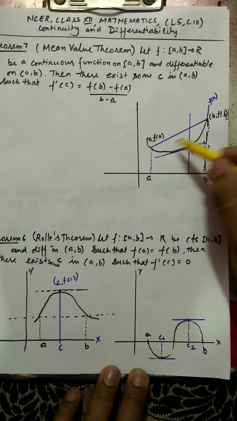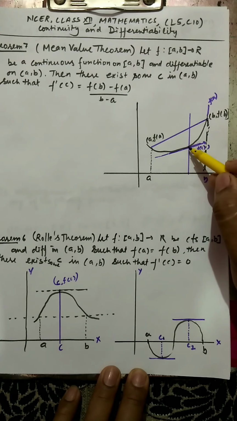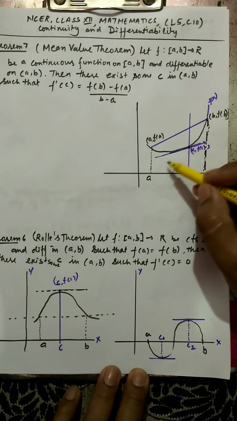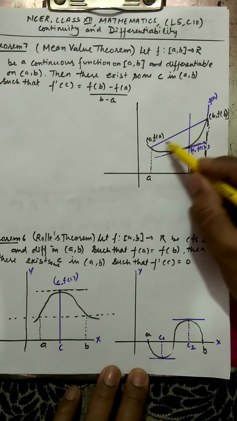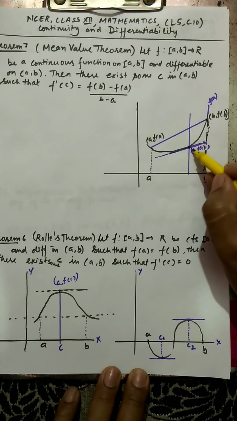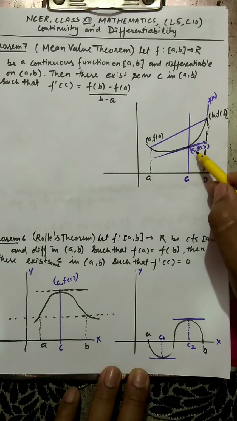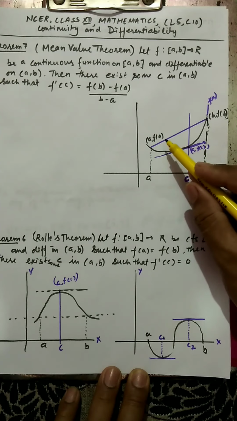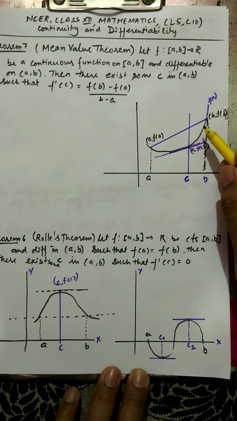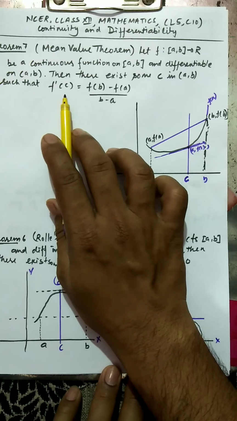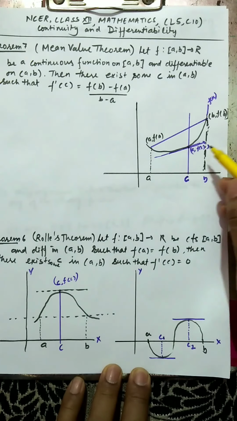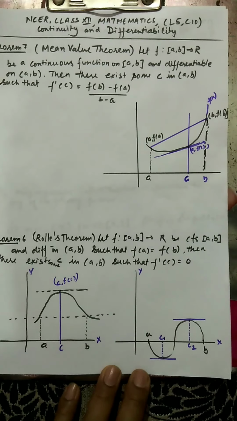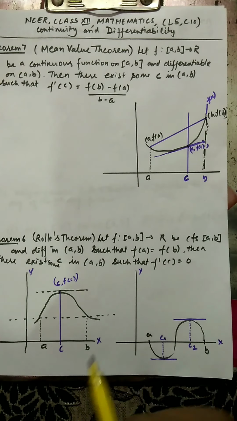This is the slope of the secant, and you will get at least 1 point, let's say c, where if you draw the tangent, that tangent will be parallel to the secant. That's why f'(c), the slope of the tangent at c, is equal to the slope of the secant, because these two lines are parallel. Okay, so this is what the mean value theorem is.